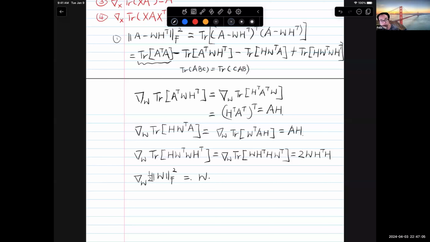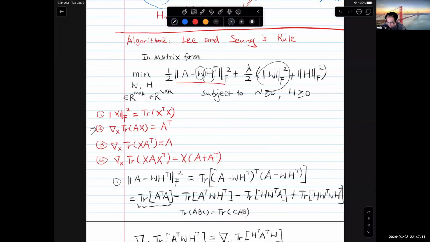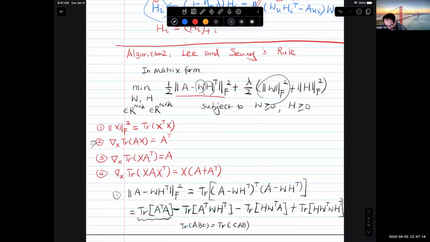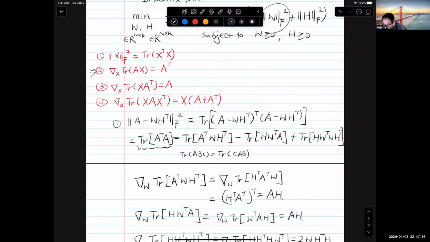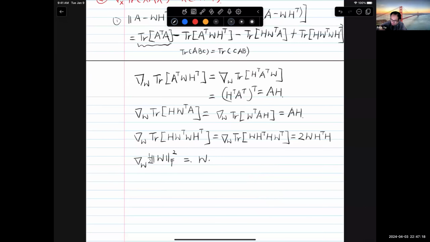Okay, and you can combine these things together. Then we have a half, and basically 1/2 just cancels out with a 2 here.